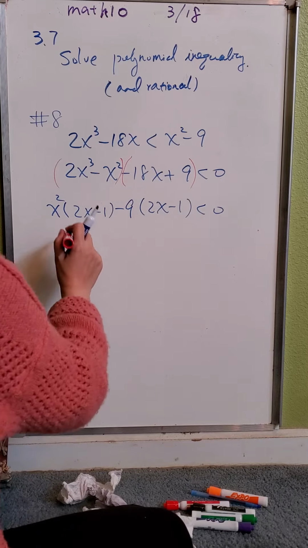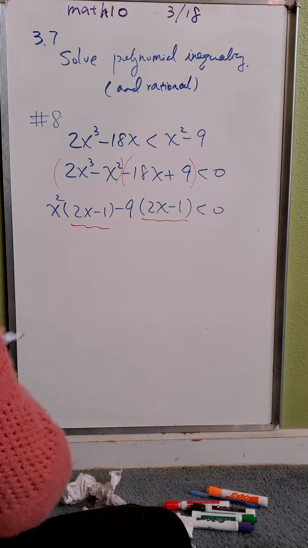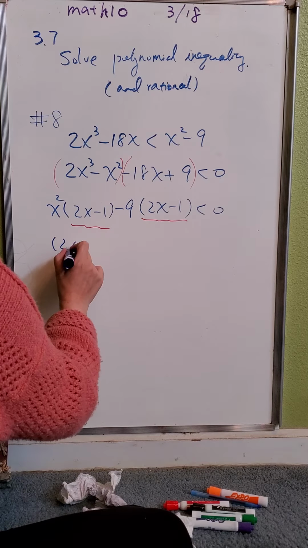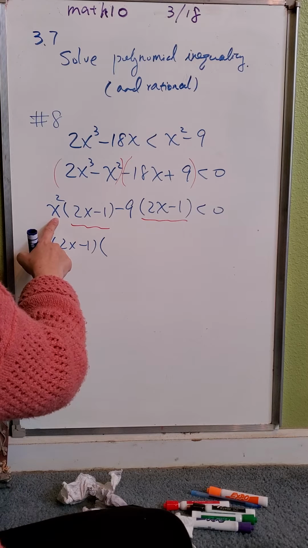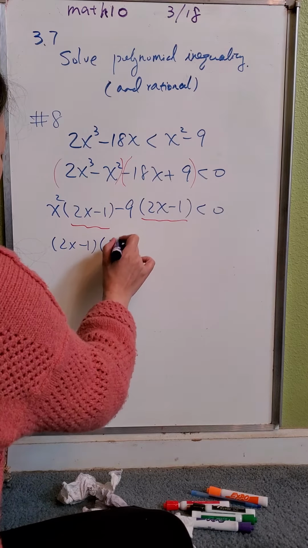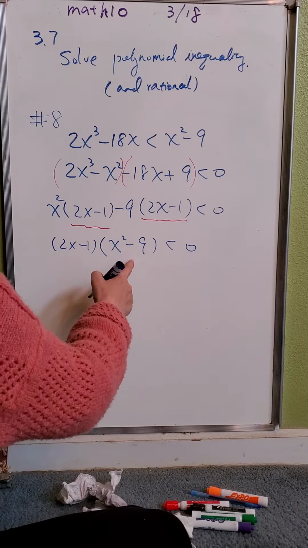Make sure these two are exactly the same, okay? And then take out the one that they both have. What you don't take out is x squared minus 9. And now this can continue to factor.